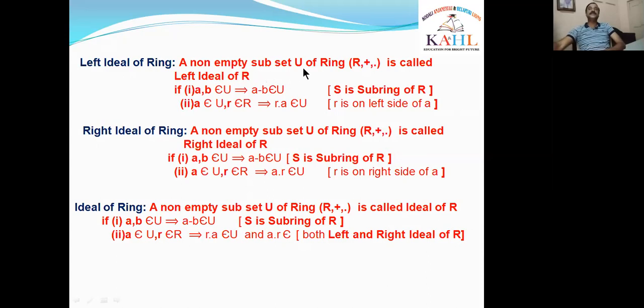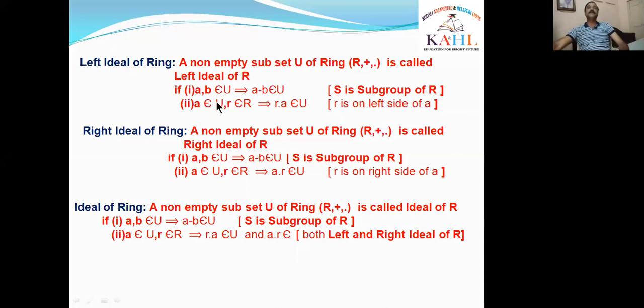A non-empty subset U of a ring R, plus, dot, is called a left ideal of R if, first, a, b belongs to U implies a minus b belongs to U. This is the subgroup condition, that is, U is a subgroup of R. Again I am repeating the left ideal definition.